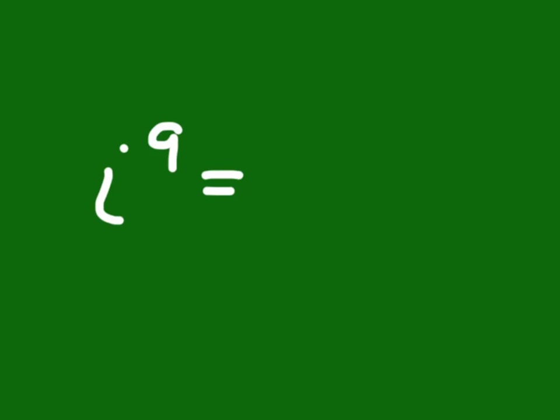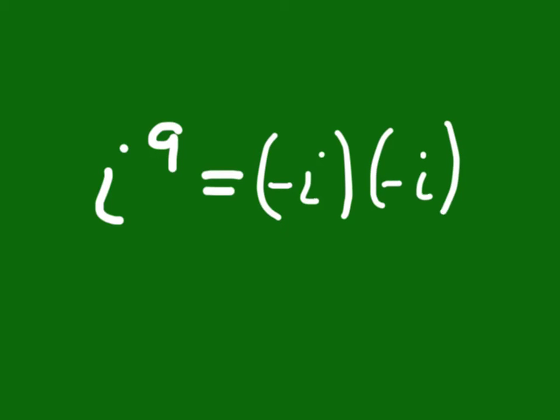What about I to the 9th? Can you remember what I to the 3rd was? Negative I. So if I had negative I and negative I and negative I, that could help me. But what was I to the 8th? 1. So it's just I. Alright.